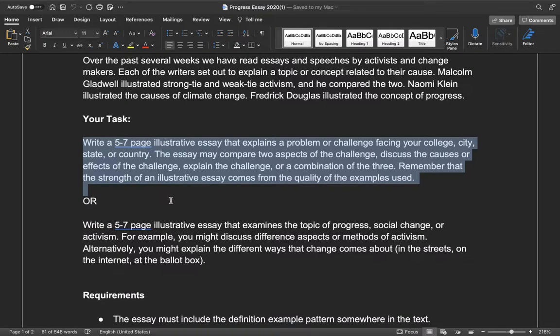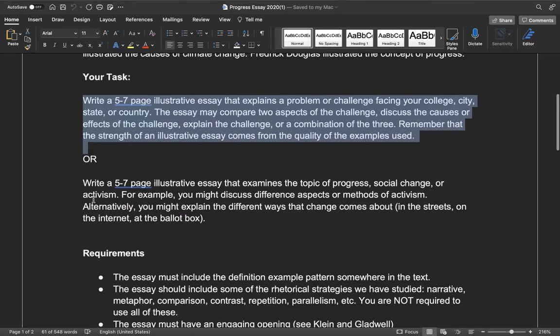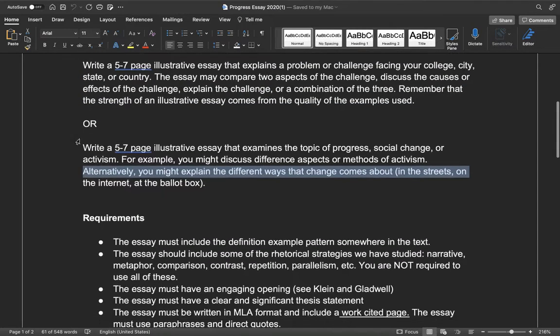If you don't want to focus on describing a problem or a challenge, you can instead write a 5 to 7 page illustrative essay that examines the topic of progress, social change, or activism. For example, you might discuss the aspects or methods of activism, thinking about Naomi Klein, Frederick Douglass, and Malcolm Gladwell.